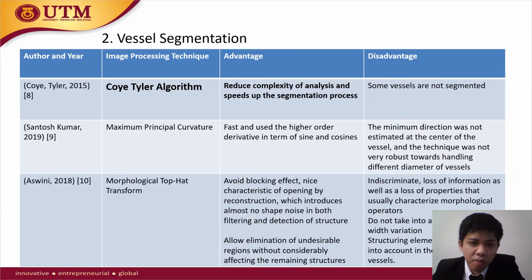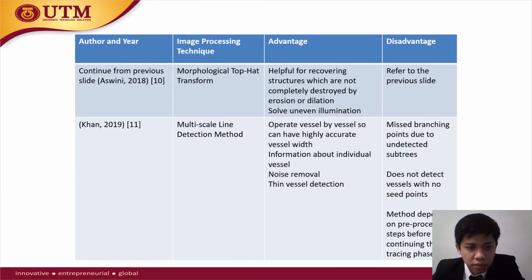Next, I'm going to talk about vessel segmentation. These are the literature review of vessel segmentation, and the vessel segmentation method that we use in this paper is the Tyler Coye algorithm. Why? Because it reduces the complexity of the analysis and speeds up the segmentation process.